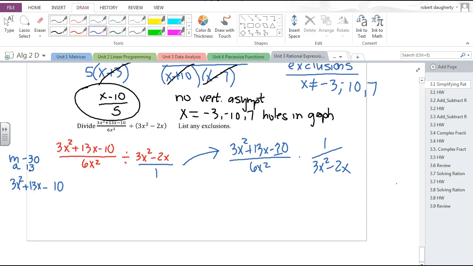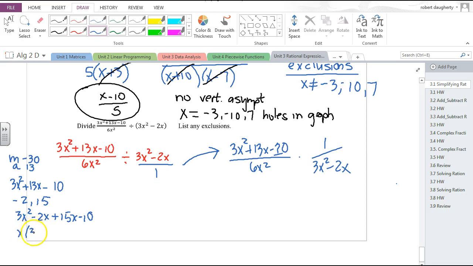Are there numbers that do that? Yeah, so that's a 2 and a 15, and if the 2 is negative, those multiply to negative 30 and they add to 13. So this is what? 3x squared minus 2x plus 15x minus 10. Factor by grouping. This is what?